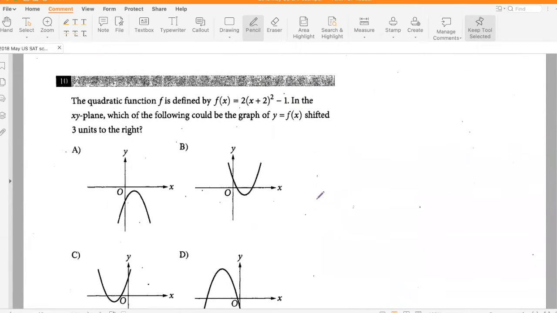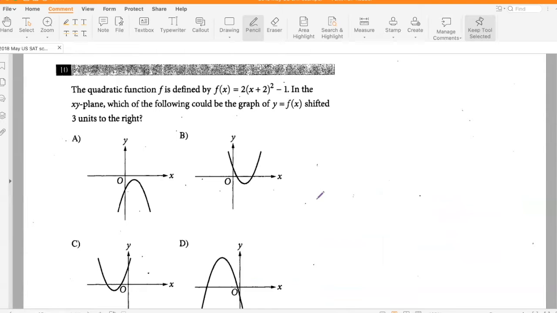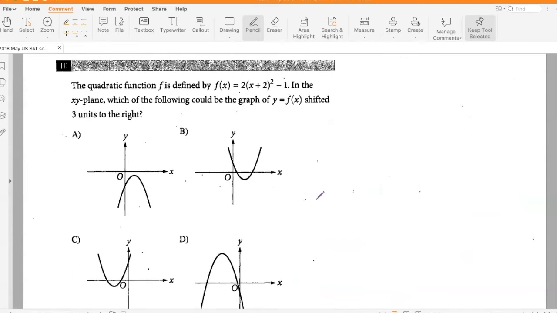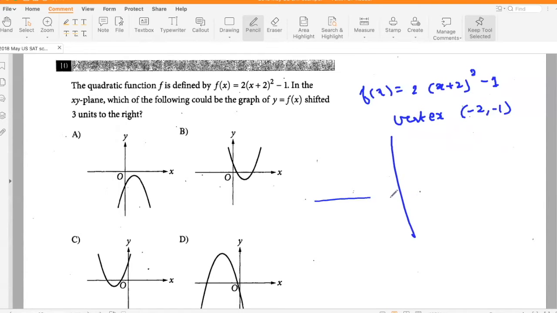The quadratic function f is defined by f(x) is 2 times (x plus 2) whole squared minus 1 in the xy plane. Which of the following would be the graph of y is equal to f(x) shifted 3 units to the right? Okay, so f(x) is equal to 2 times (x plus 2) whole squared minus 1 has a vertex at minus 2 comma minus 1.